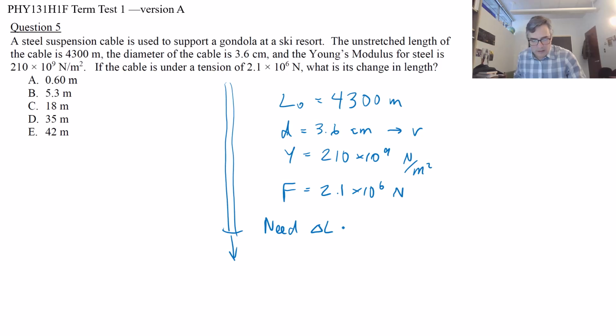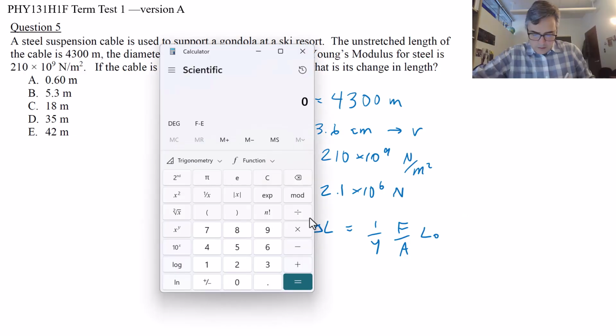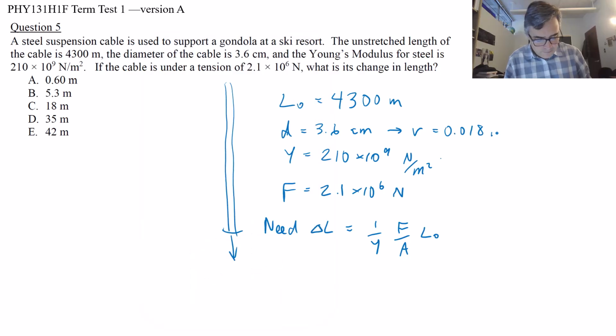So we need delta L. If I look at my aid sheet, I've got 1 over Y times F over A times L0. So we need to find A. The first thing I would note is that if the diameter is 3.6 centimeters, you divide that by 2 to get the radius. Let's not forget that. And then also let's divide by 100 to convert centimeters to meters. So 0.018 meters.